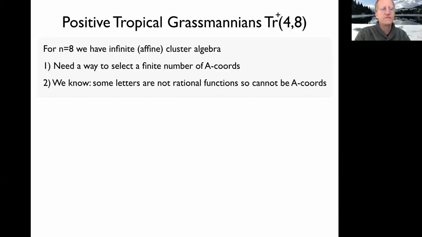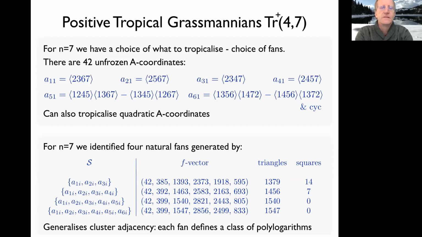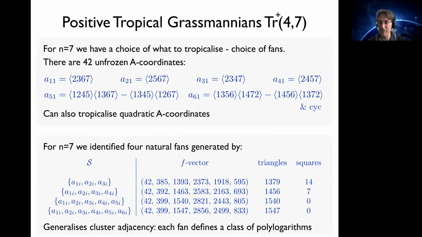Go beyond symbol levels. So already at 7 points, it's not totally clear which fan should be applicable to which amplitude. So far, the evidence that we have is that the smallest fan in this list is applicable to MHV 7 particle amplitudes.